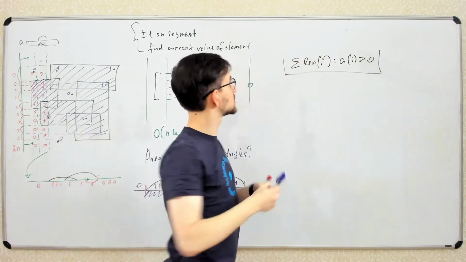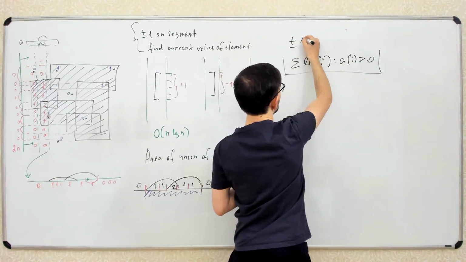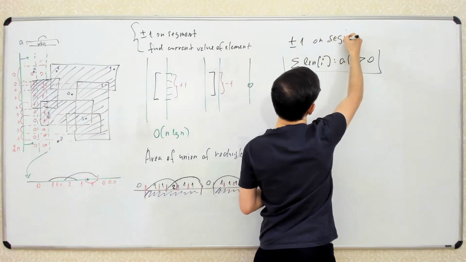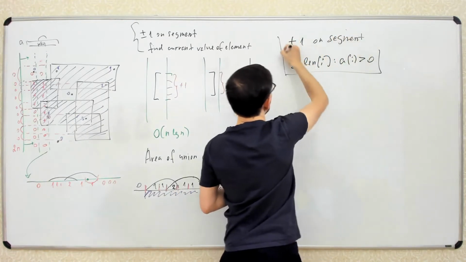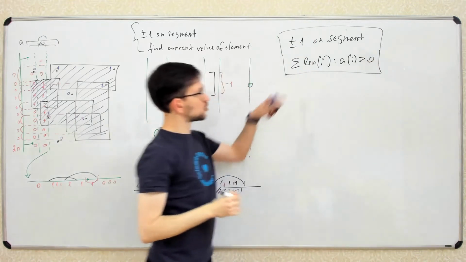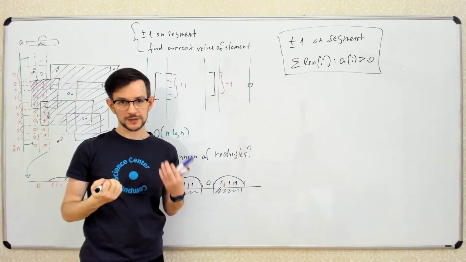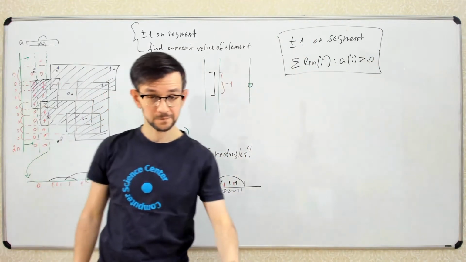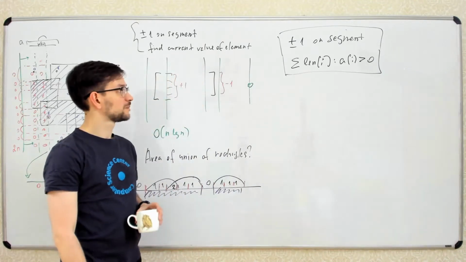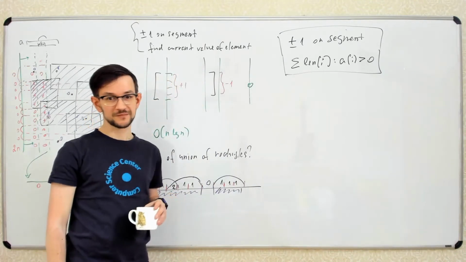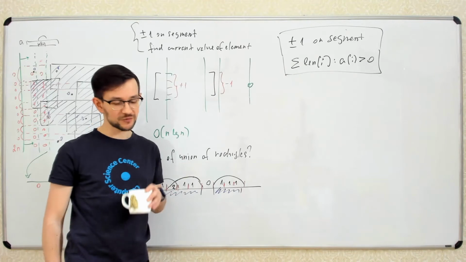First operation is plus minus 1 on segments. And another operation is to find the total length of all non-zero elements. That's the problem we need to solve.